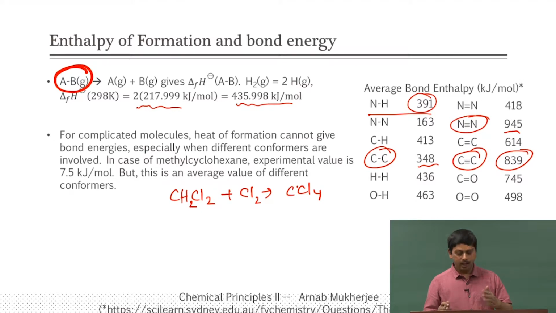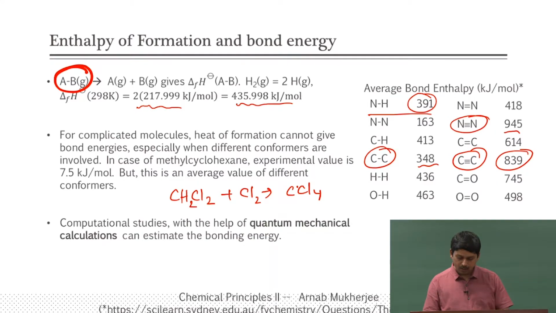Similarly, sometimes more than one conformation is possible. For example, methyl cyclohexane can be there in both axial and equatorial positions, right. In that case they will have different heats of formation, and we are only going to get an average value. Therefore quantum calculations are helpful, which can give you these bond energies from ab initio methods. We have studied the energy of the hydrogen atom, right.